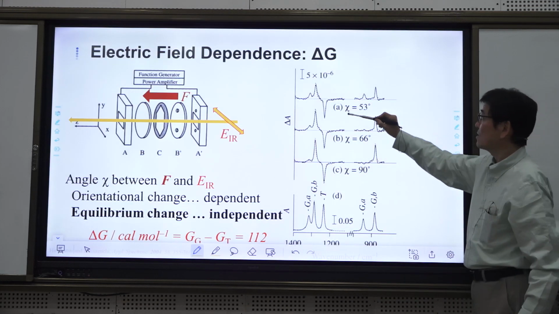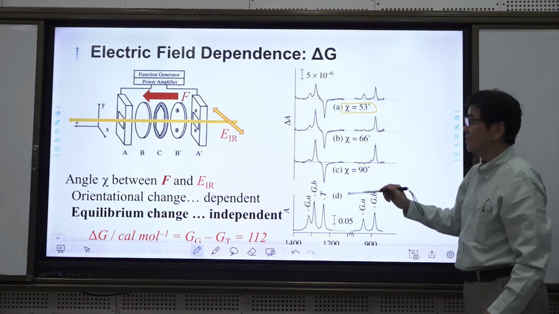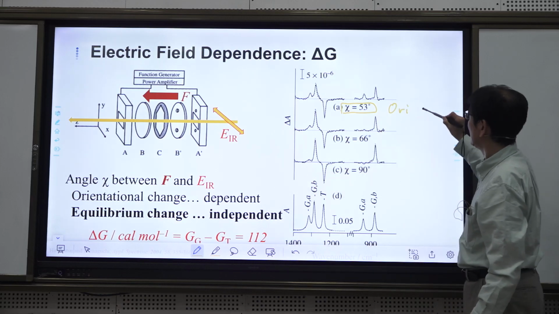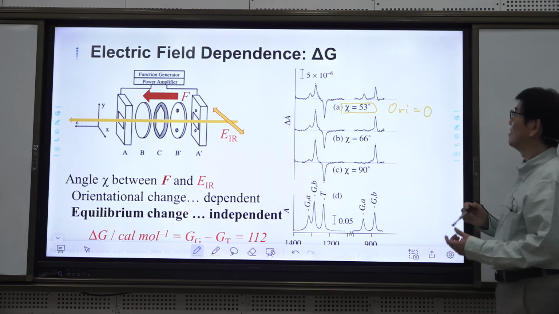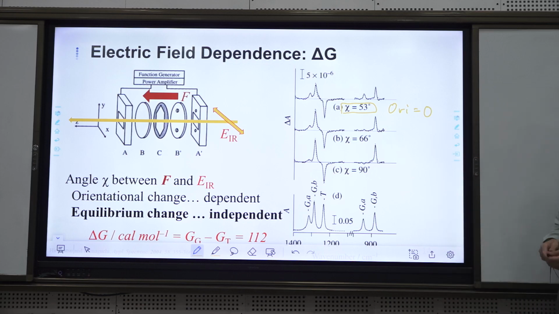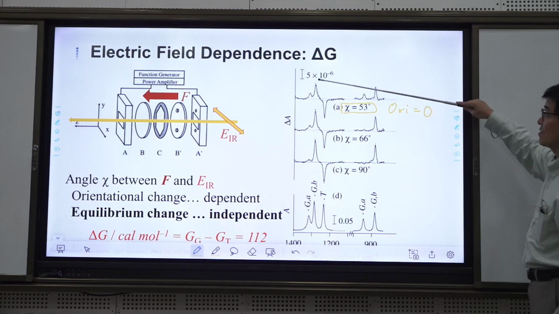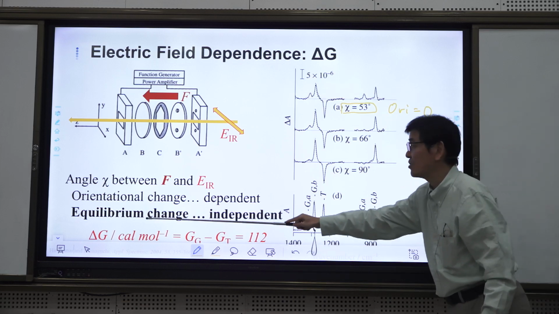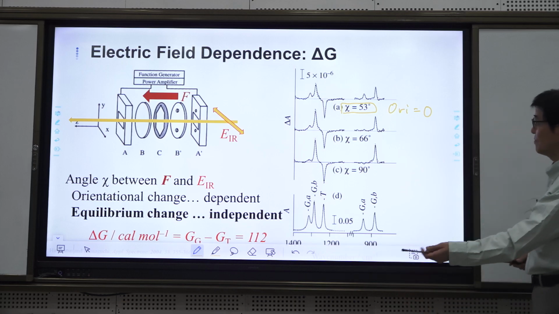So actually, at this condition, the orientational change contribution becomes 0. In that sense, this result directly shows the equilibrium change or population change.